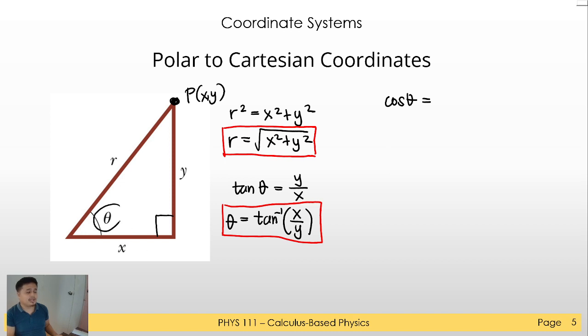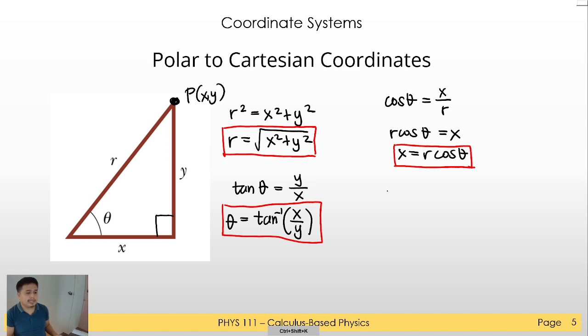So the adjacent here, if this is the theta, the adjacent is x, and then the hypotenuse is, sorry, not y, but r. Therefore, r cosine theta is equal to x. Or we can swap the positions, we have x is equal to r cos theta.